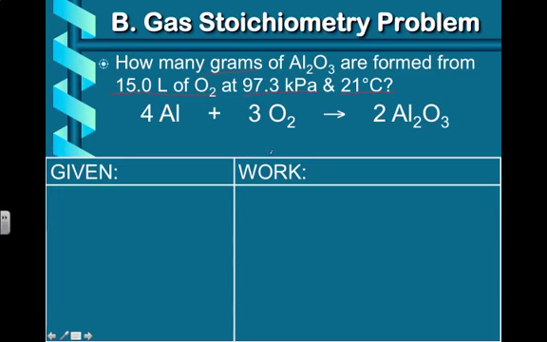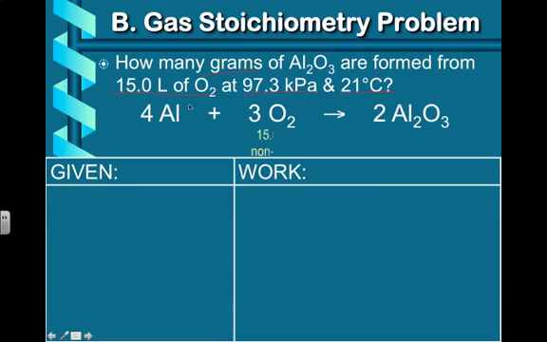Well, aluminum oxide is not a gas, so we can't plug all this information into the ideal gas law and solve for it, because you would be solving for moles of O2. You have to pay attention to the substance that you're given and the substance that you want.